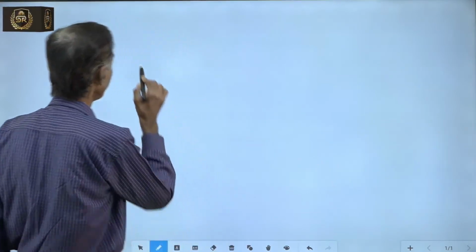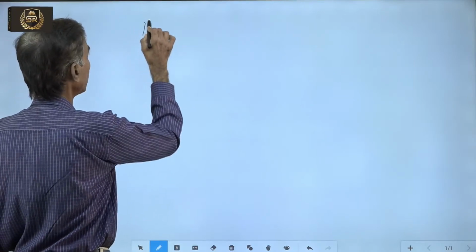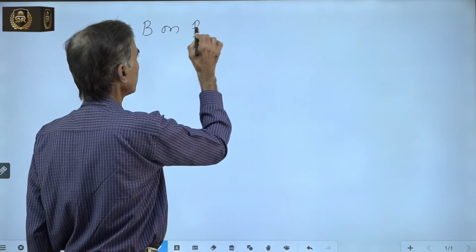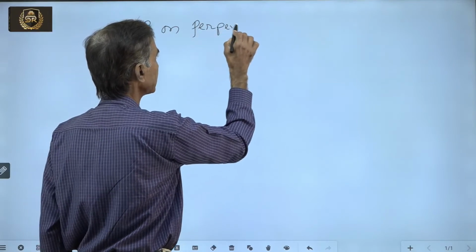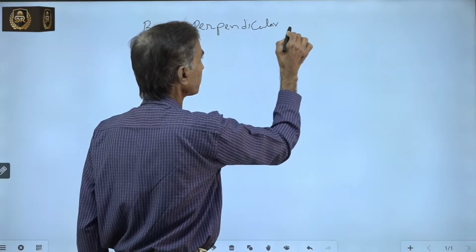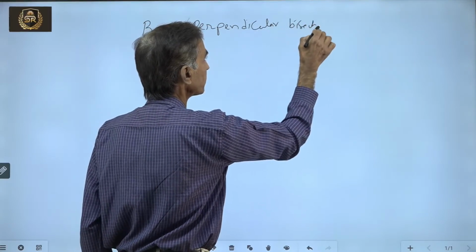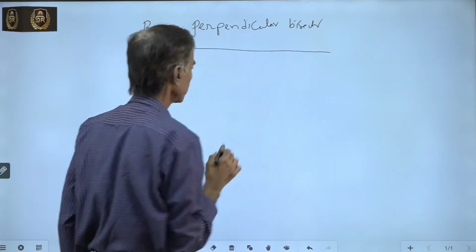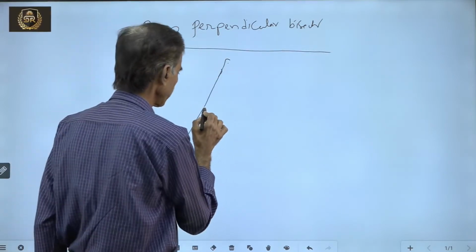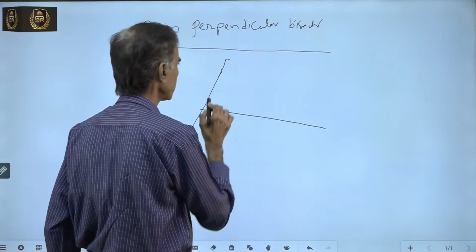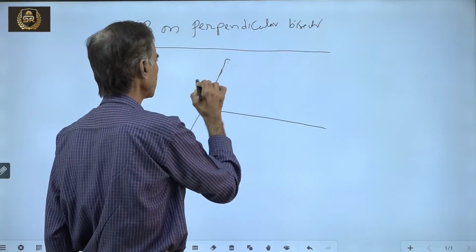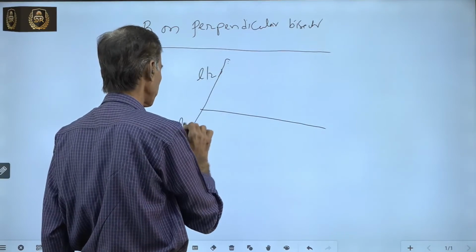So, when we want to find B on the perpendicular bisector of the conductor. Suppose this is the conductor, we have the perpendicular bisector we are taking now. That means, suppose total length is L, this will be L by 2 and this will be L by 2.